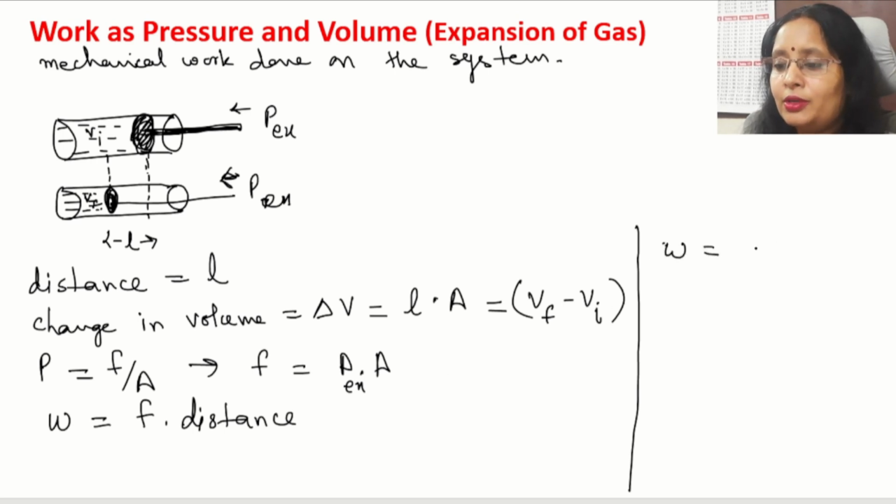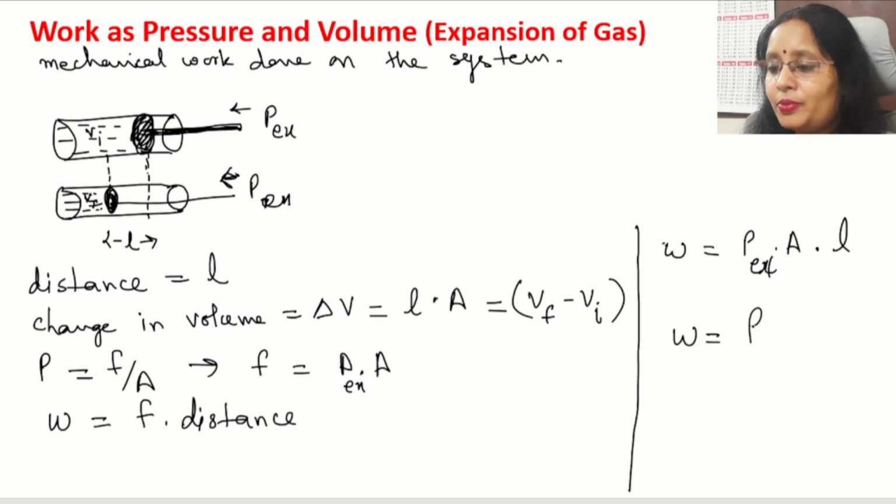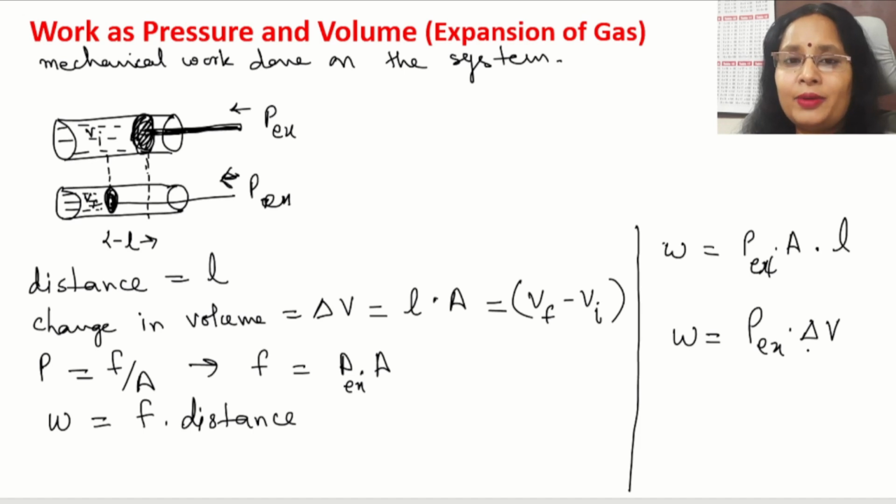W is equal to, in place of F, P external into area, and distance is L. Simply, yes, we can write that. Again, W is equal to P external into L into A, and we studied that L into A is delta V, the change in volume. So now we are near to relating work with pressure and volume.